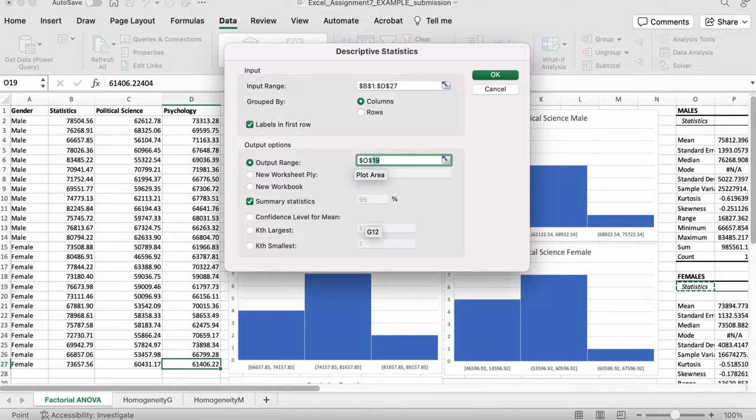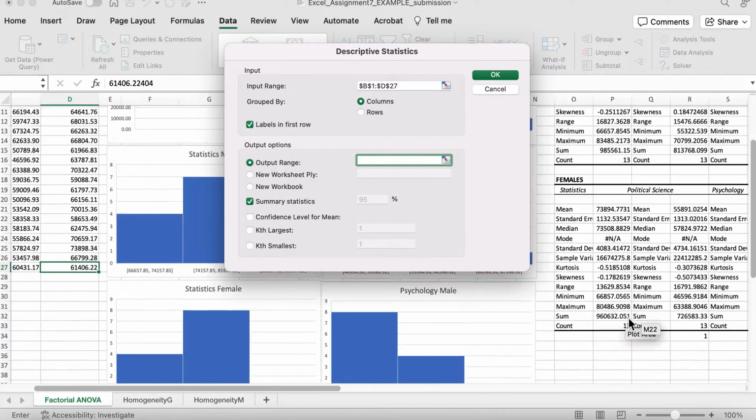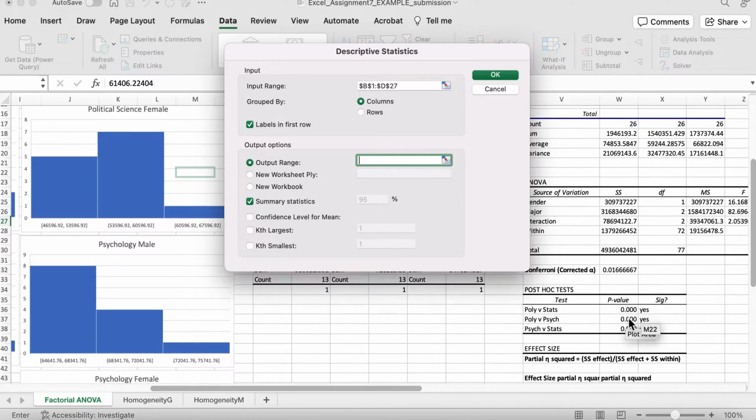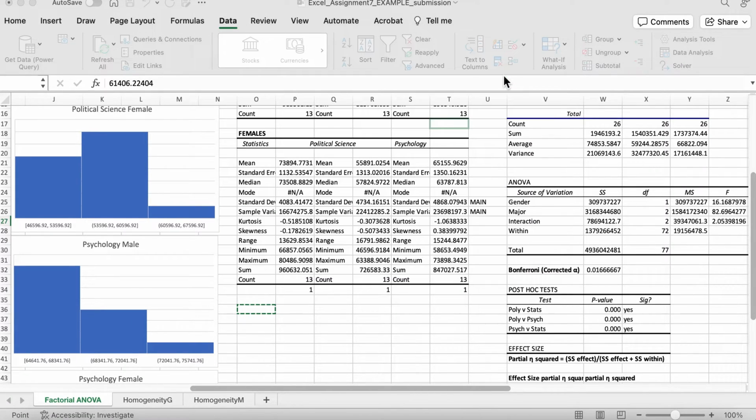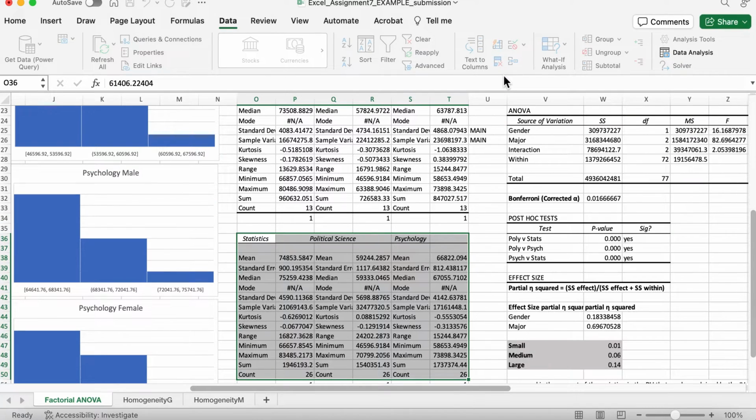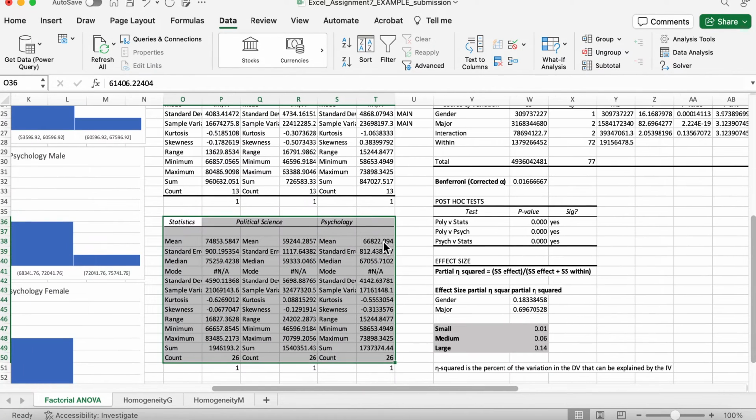The output's going to be here, and this might be helpful for you to put. Okay, so you can look and see the means.